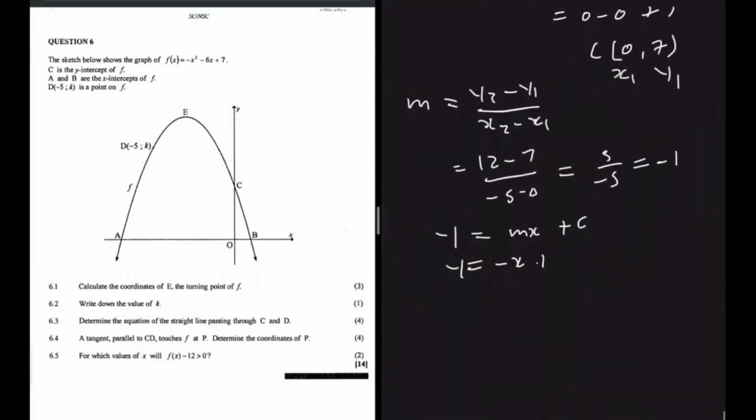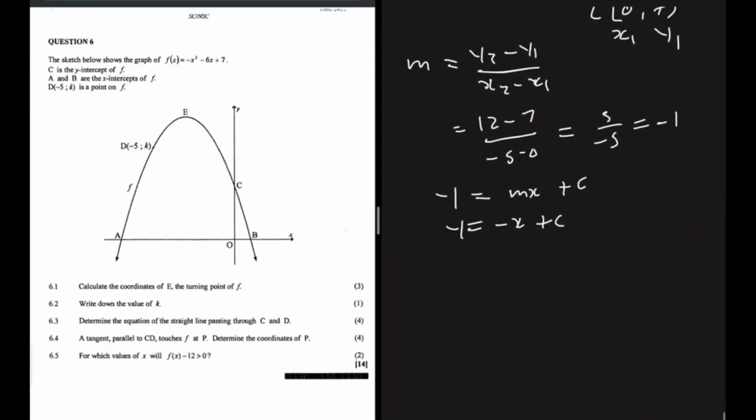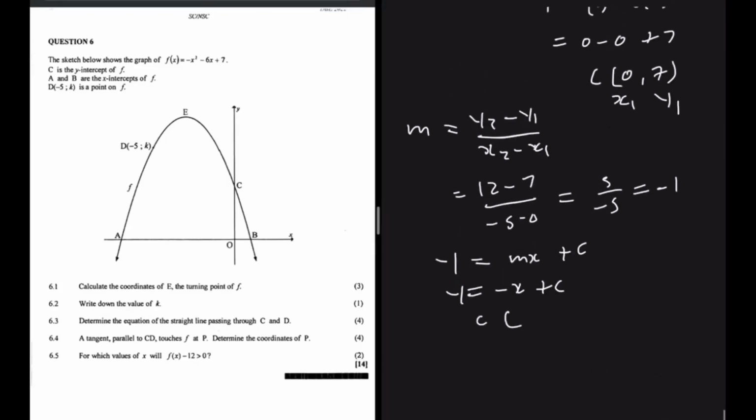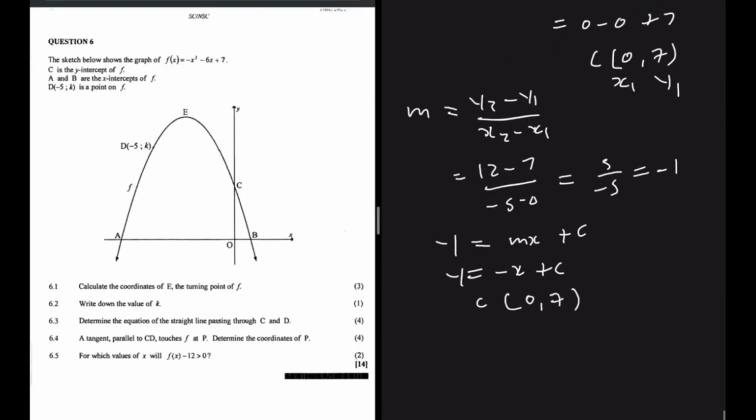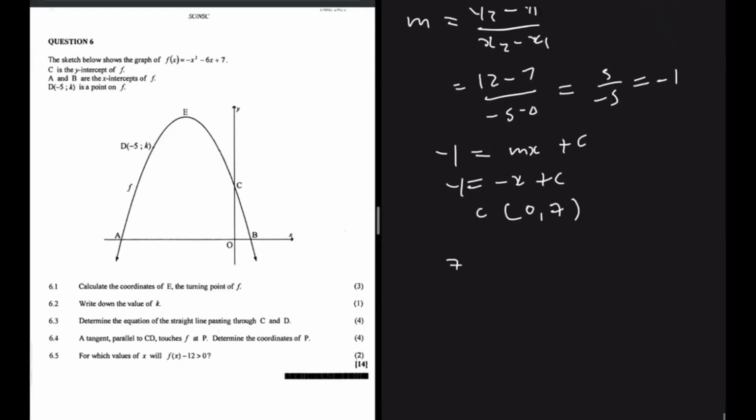Now what we are left with is to determine the value of c, right? So we can choose either point C and D. So let's choose C, because C has all positive values, so it's easy to navigate through C compared to D. So the y is 7, which is equal to minus x, where x is 0, and then plus c.